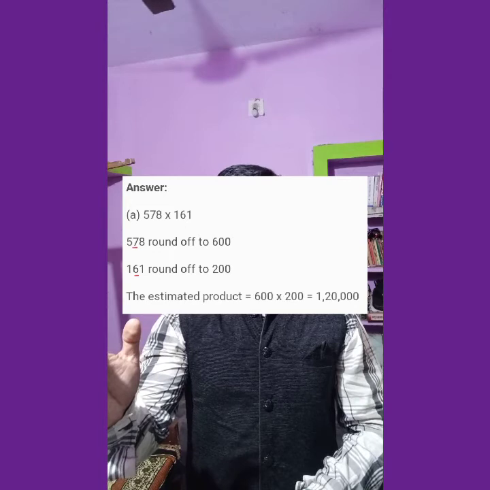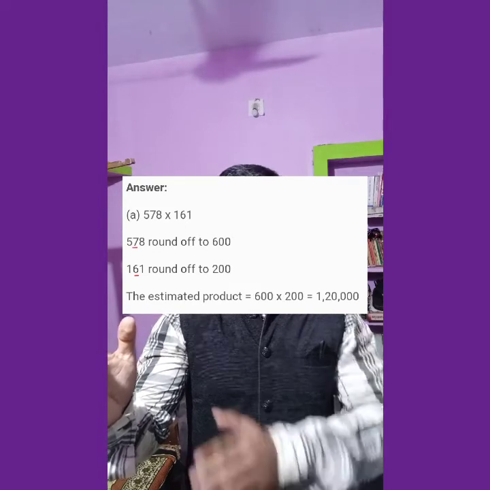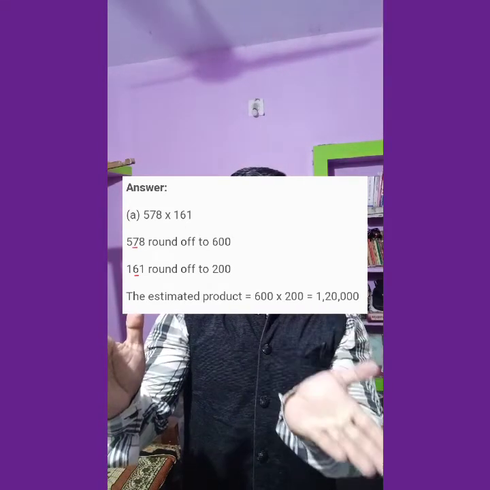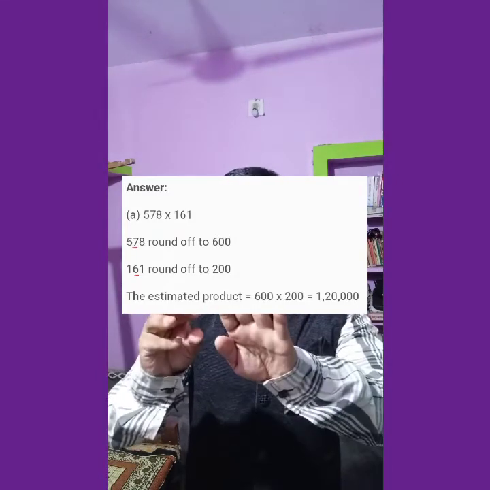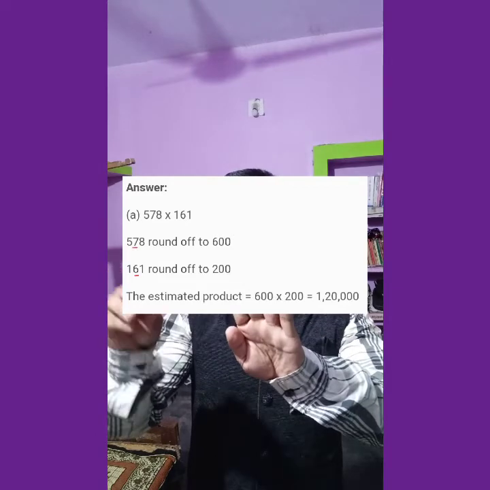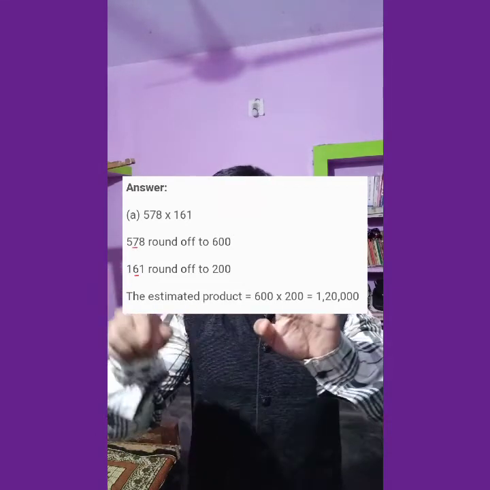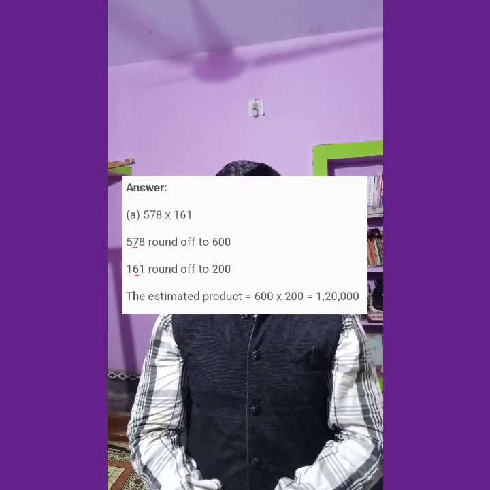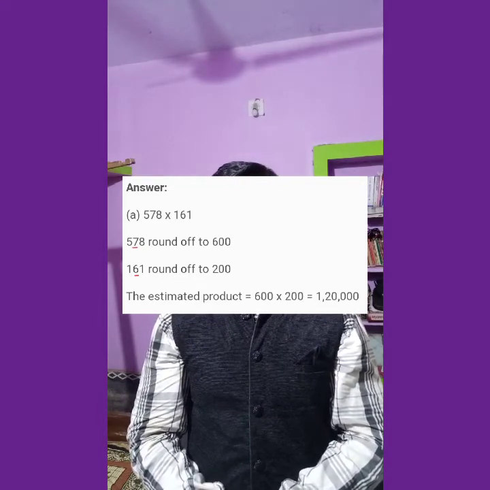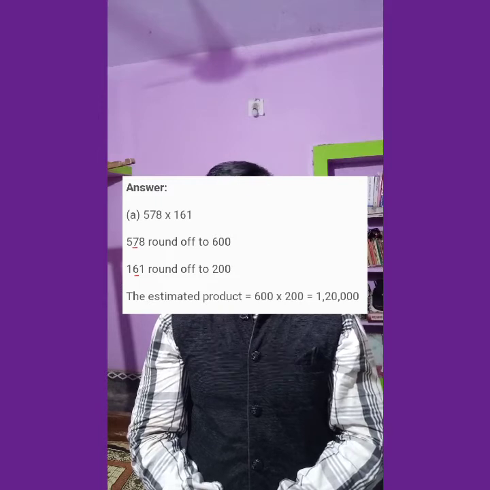Whenever the tens digit is 5 or more than 5, the previous number is replaced by the next. It means 5 becomes 6. Then after that, 7 and 8 should both be replaced by 0. So 578 rounded off to the nearest 100 is equal to 600.